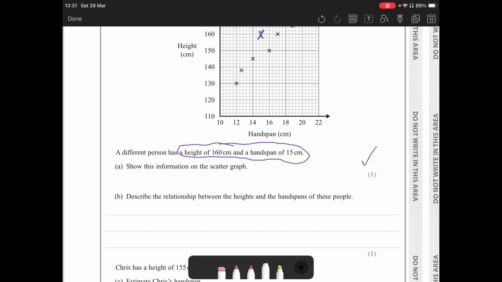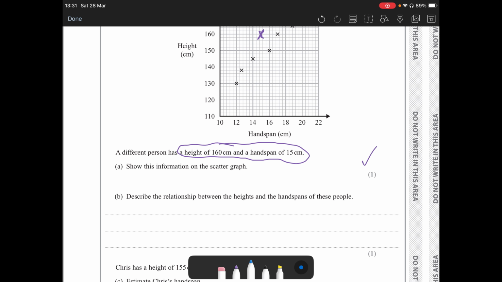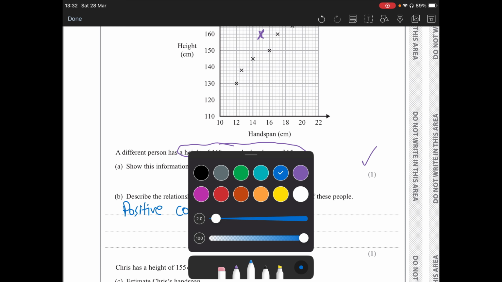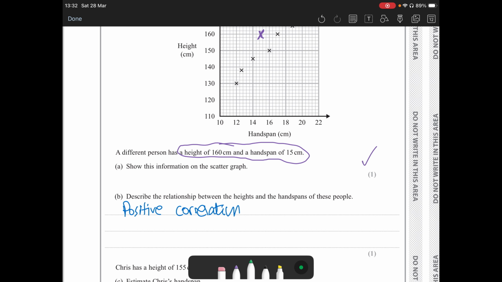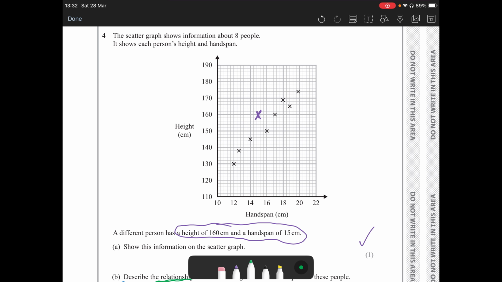Okay, the relationship between the heights. So be really, really careful here. Yes, there is positive correlation. But some questions say what's the correlation. If they say relationship, I would say positive correlation, but then follow it up with giving this context.